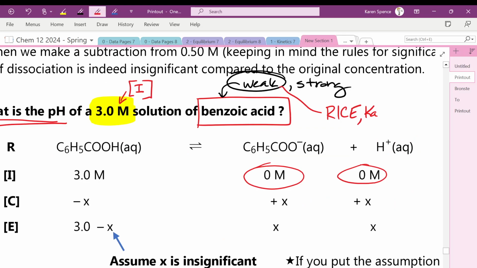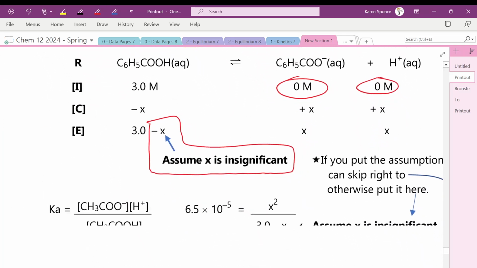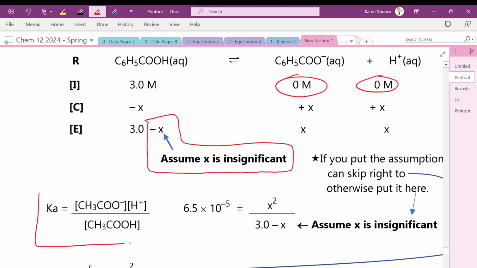And just so you know, you can make the assumption up in the rice table if you want to. That saves you having to write the x in your substituted Ka. Don't forget, you need to write your Ka first, the expression with the concentrations. Don't just go throwing in the x's and stuff.